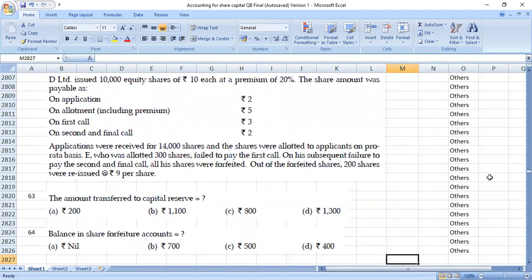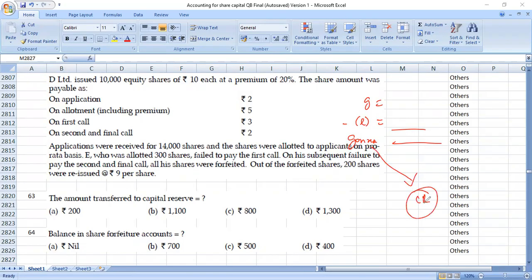Out of the forfeited shares, 200 shares were reissued to 10, reissued at 9 per share. Find the amount transferred to capital reserve. Gain on forfeiture per share minus loss on reissue per share will give you the gain on reissue per share, which will be transferred to capital reserve.